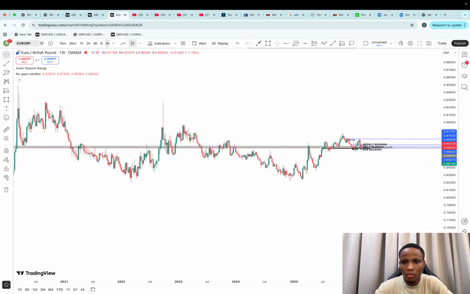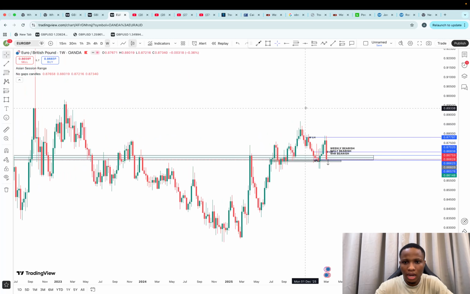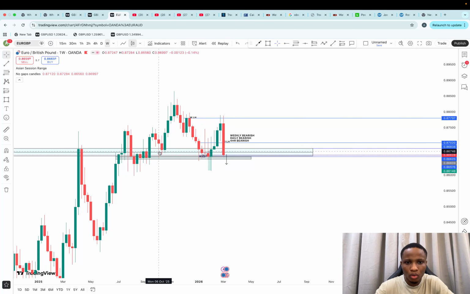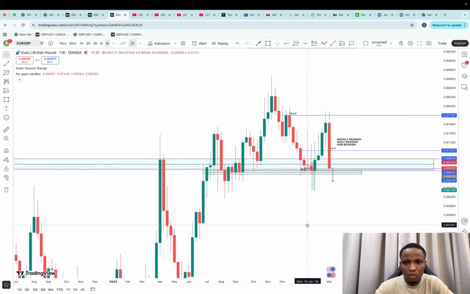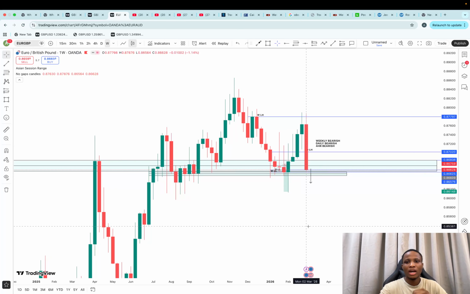Reading it from where we currently are, this is our high, this is our low. Then at this level, we had a new low. This candle body closed below this level right here. This is now a lower low, lower high. Whenever you have a new lower low, you must already have a new lower high. You can't have a new higher high without already having a higher low.